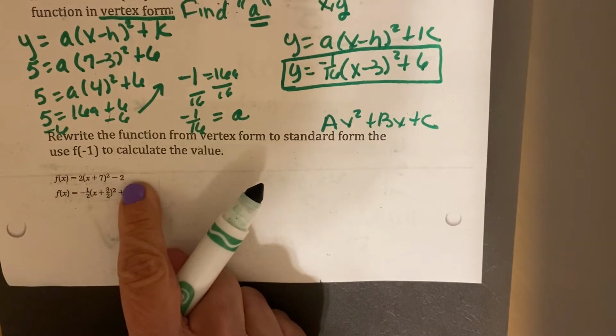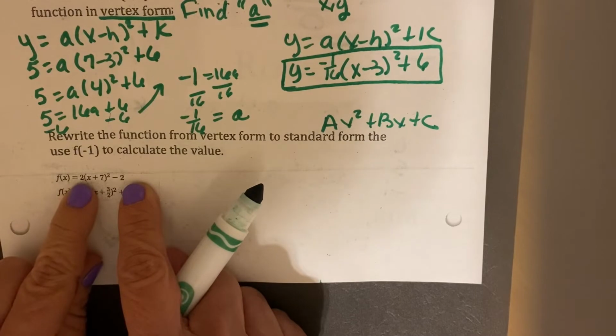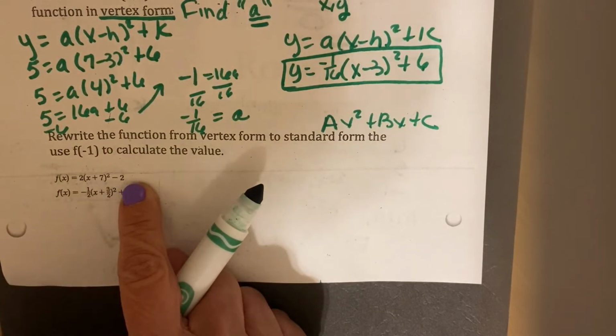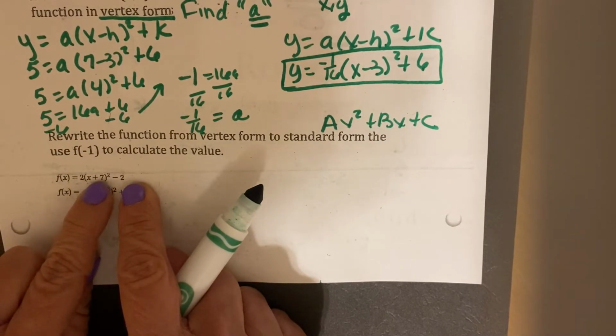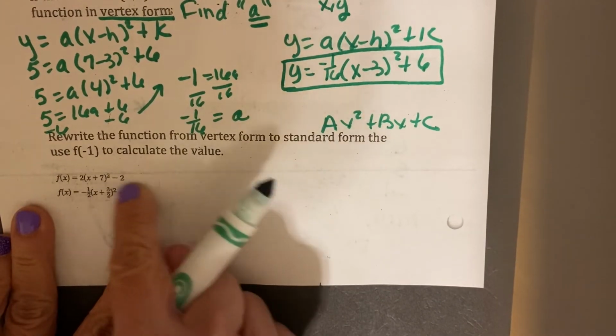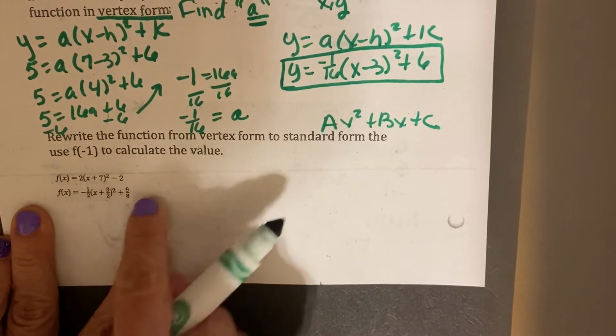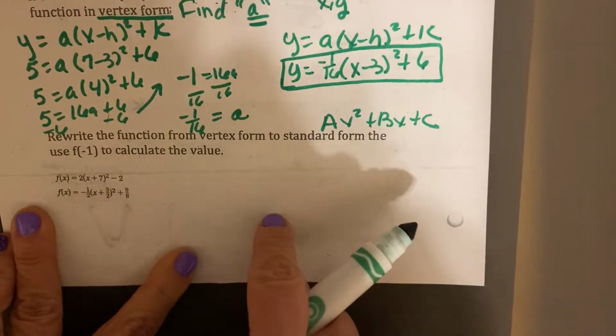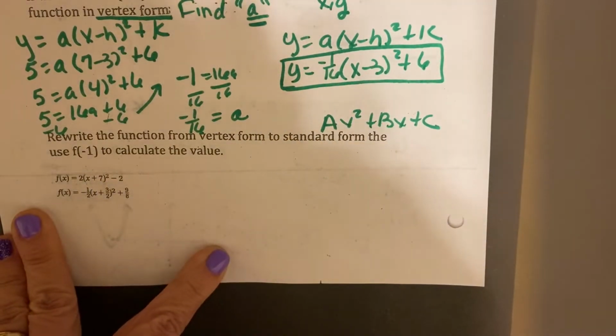I already know that this should be facing up. I know this is going to be a vertical stretch, that this should be shifted over 7 units to the left, and it should be down 2 units vertically when I get done. These should be equivalent, and so if I was to graph this equation and my new equation, they should be right on top of each other.